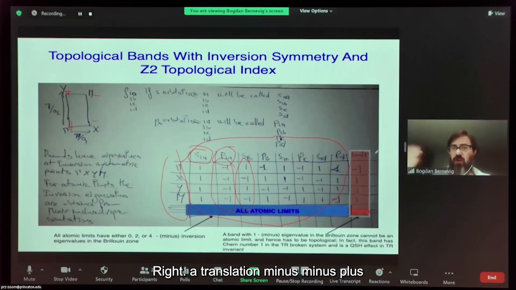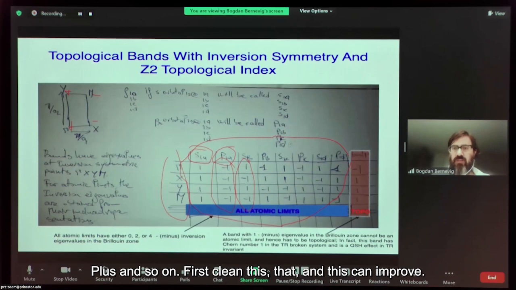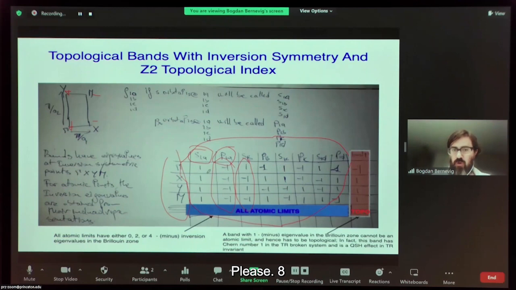In other words, any atomic limit, or any state that has maximally localized Wannier functions, no matter how many of them, as long as they're not infinite, can be written as a linear combination of S and P orbitals at these 4 spots in the lattice, or in momentum space can be written as a linear combination of all these wave functions. Here, I've basically performed the induced representation that I was telling you about. Now, that's statement number 1.